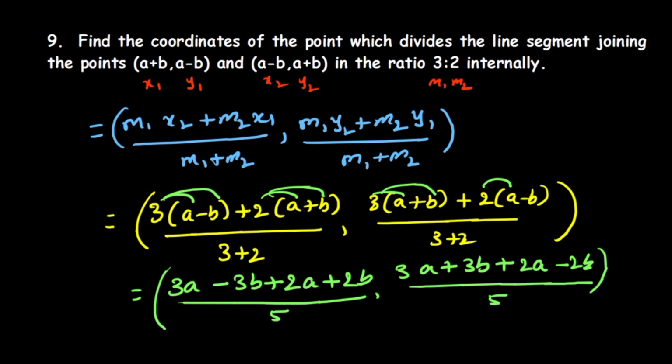Just you can observe here, this 3a plus 2a is equal to 5a, and minus 3b plus 2b is equal to minus b. So 5a minus b divided by the ratio has given.